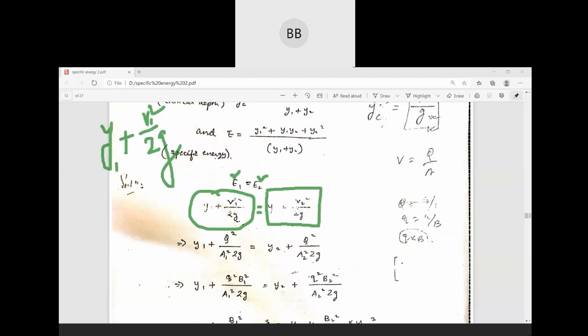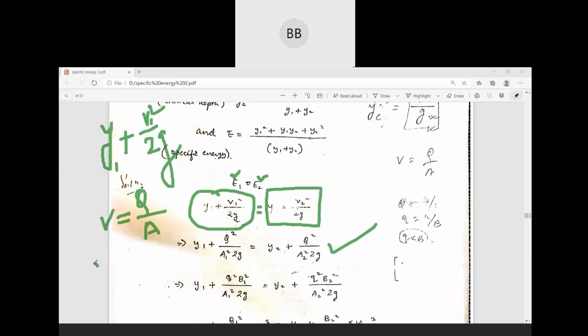We are replacing the velocity by Q by A, that is, discharge divided by area. So y1 plus Q square divided by A1 square twice g is equal to y2 plus Q square by A2 square twice g, because here the depth of flow is y1.